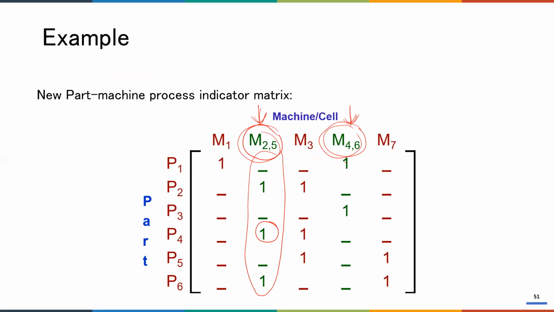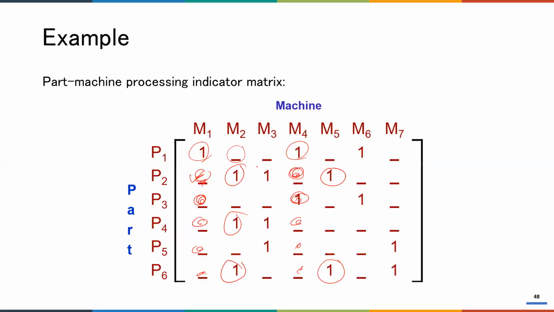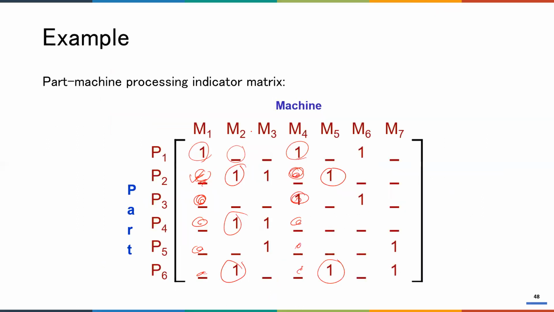And then we again calculate the pairs. We make the pairs and then we calculate the SC value. So the pairs are going to be like this. So you pair 1 and 2 and 3, 1, 3, 1, 4 and 6, 7, 4 and 6, 1, 7, and etc. And then according to this, we need to calculate the SC value based on step 4.